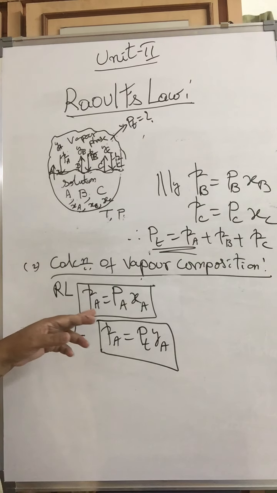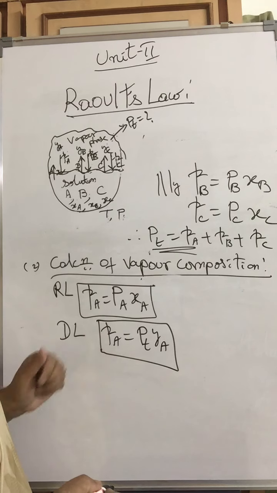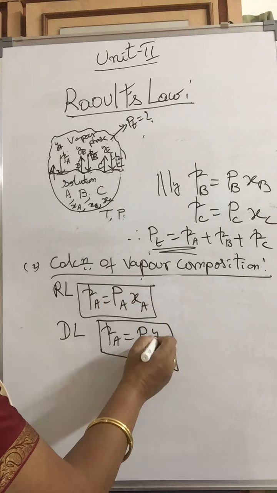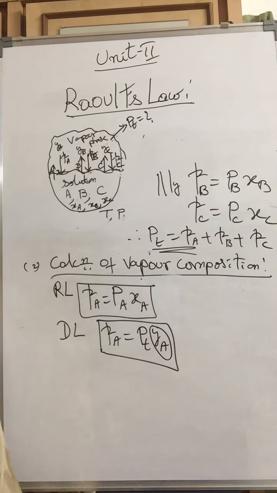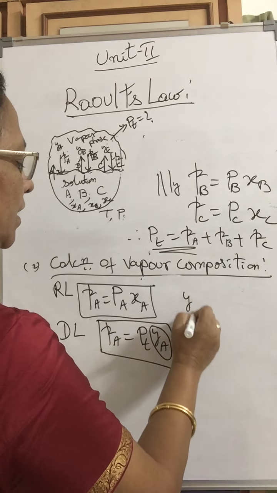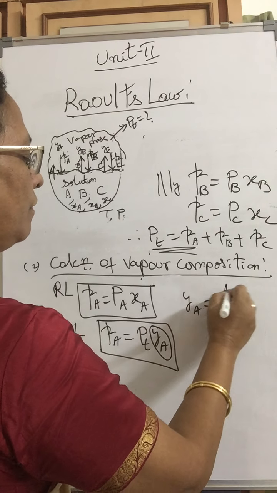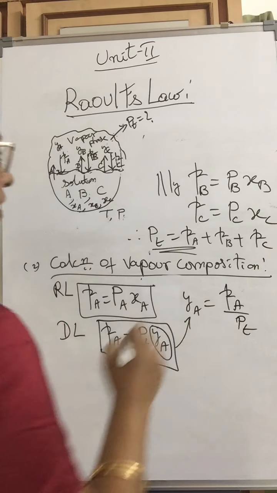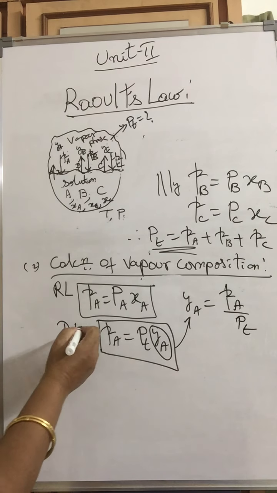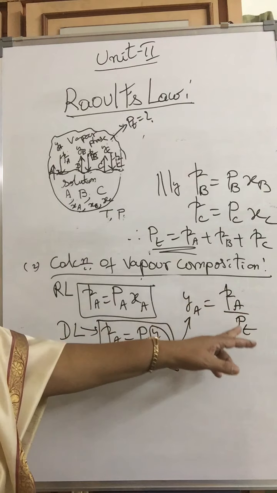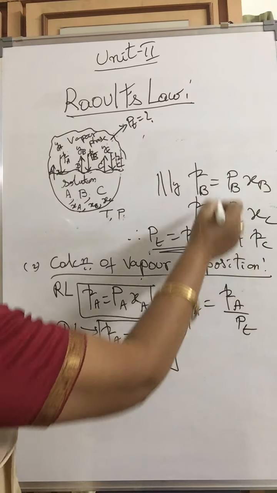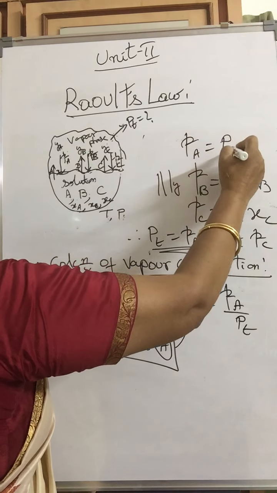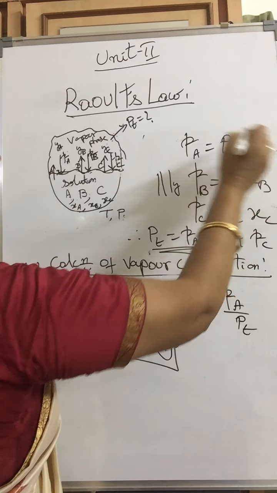Throughout our problems of this topic, we are going to use these two equations. So what you need is YA. YA is equal to PA by PT, from Dalton's law. You already calculated PA, equal to PA into XA.